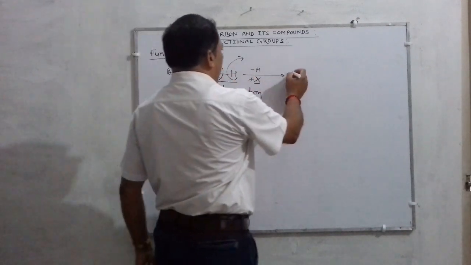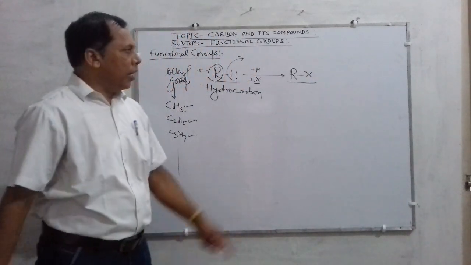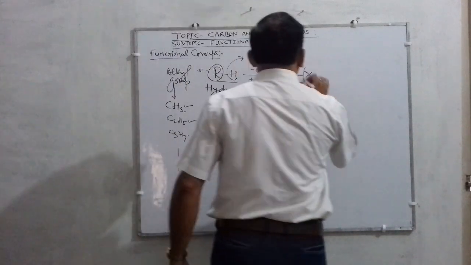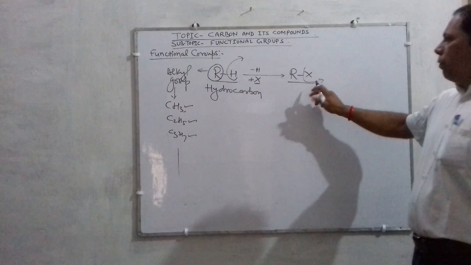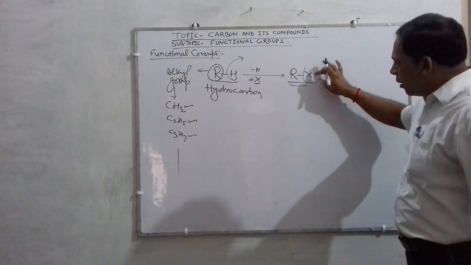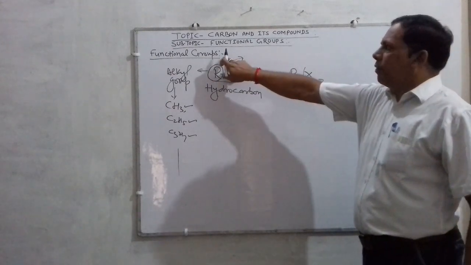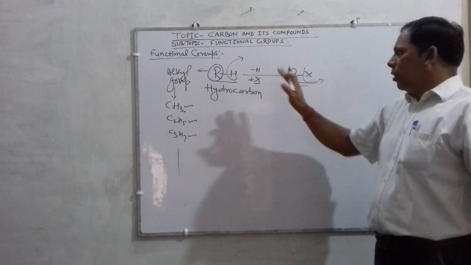After replacement of hydrogen, a compound of this type is formed. So children, the X which you have got here is responsible for the chemical property of this compound, and it will be termed a functional group. This is the meaning behind this statement.